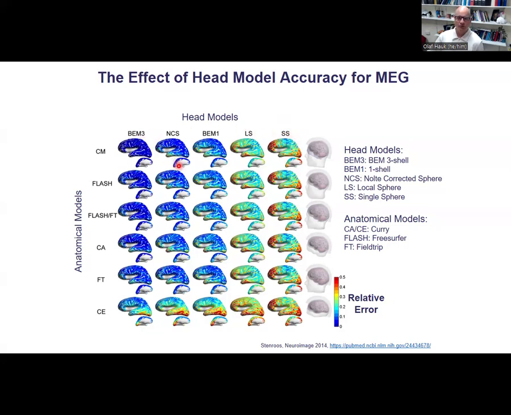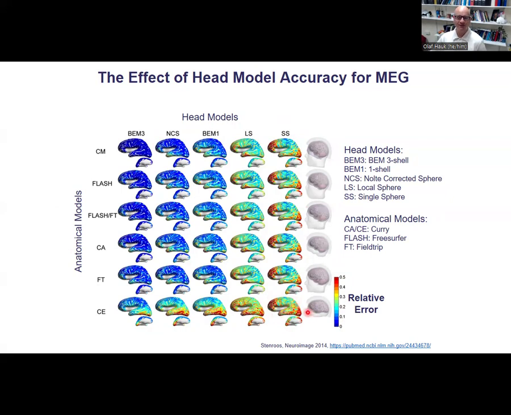In this case, red color means that you have a high relative error with respect to the ground truth in these simulations. And not surprisingly, the more simplistic your models are, also the more simplistic your anatomical models are, the higher these relative errors, especially in areas that probably cannot be modeled very well in terms of the spherical approximation of the head.